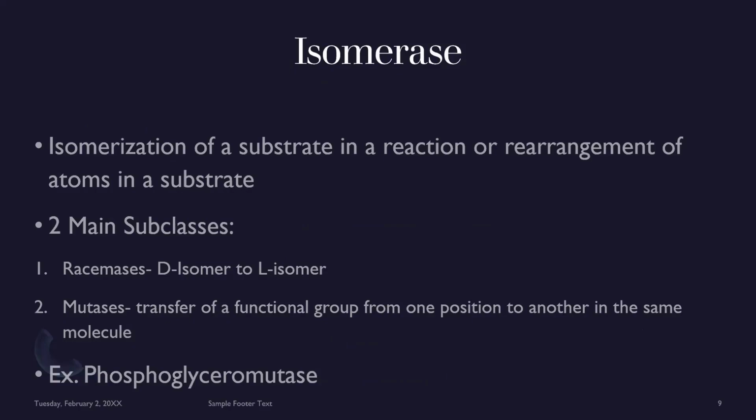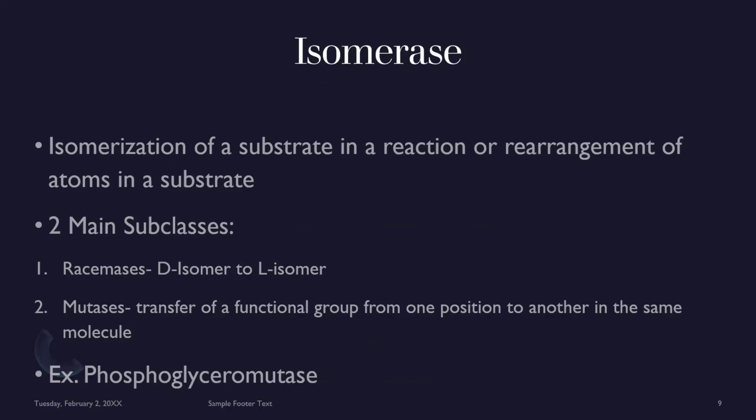Isomerase. Isomerization of a substrate in a reaction, or rearrangement of atoms in a substrate. First and foremost, there are two main subclasses, racemases and mutases. From the word itself, isomers. So I think this one is self-explanatory.